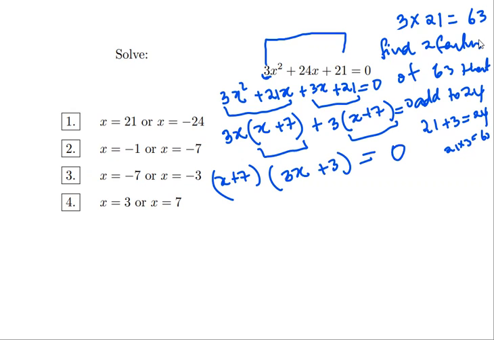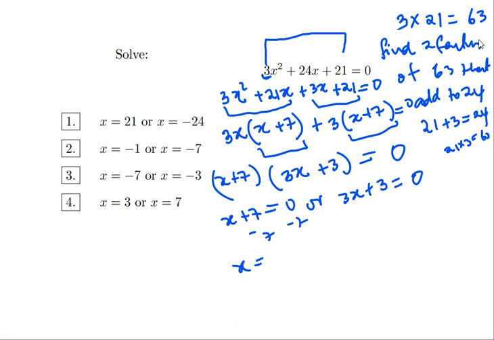Now we can solve this by saying that x plus 7 equals 0, or 3x plus 3 equals 0.